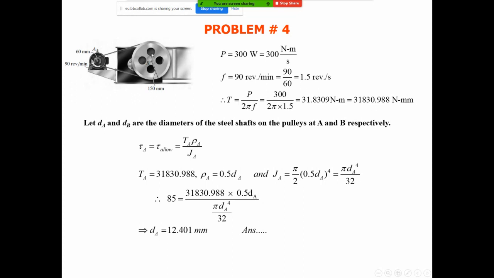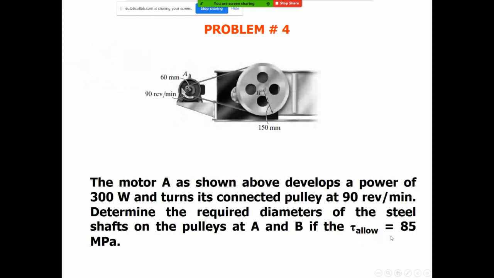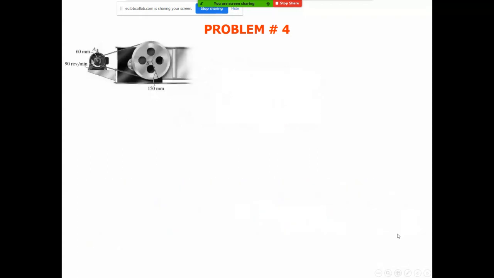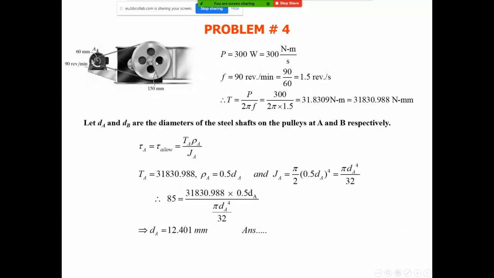Now, if you want to find the diameter of the shaft at point B, so that the allowable shear stress will not exceed also 85, you have to get first what will be the torque that will be transferred through this shaft.